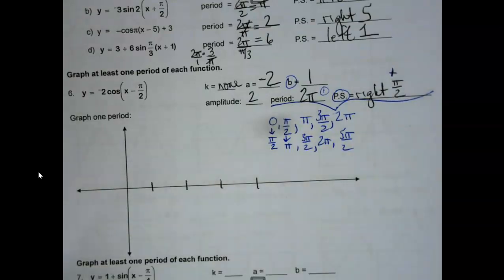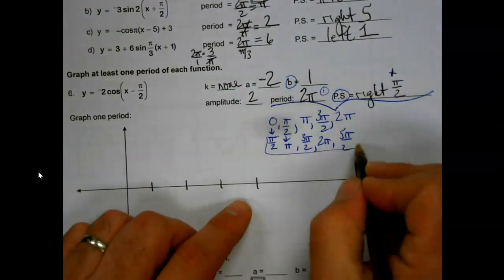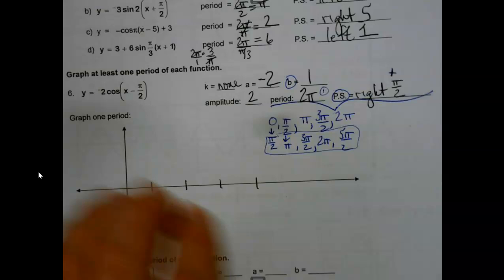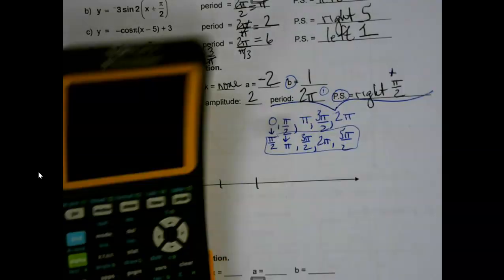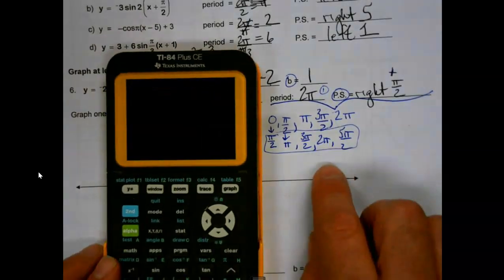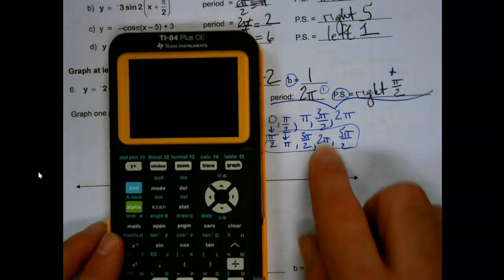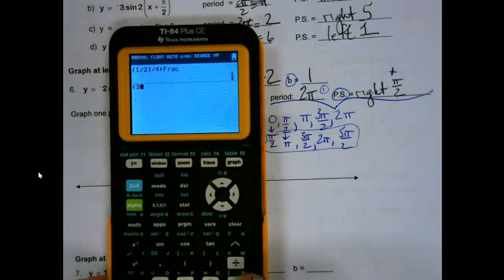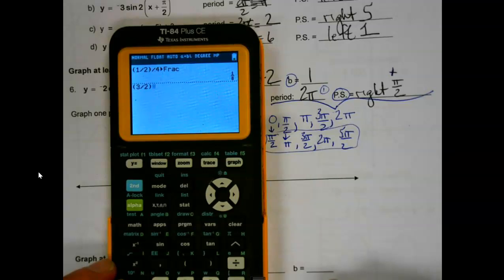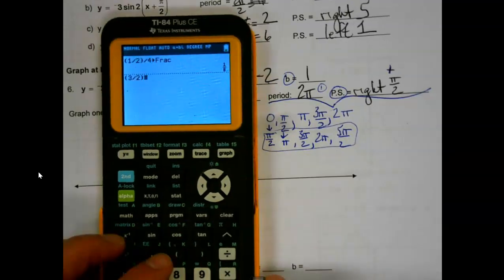And if you ever get confused when you're trying to add these pi's and things, you don't have to do that. You could go to the calculator. Let's say you got confused here. You're like, I don't know what that is. So you're taking 3 halves, and what are you adding? You're adding pi over 2. You're adding 1/2.